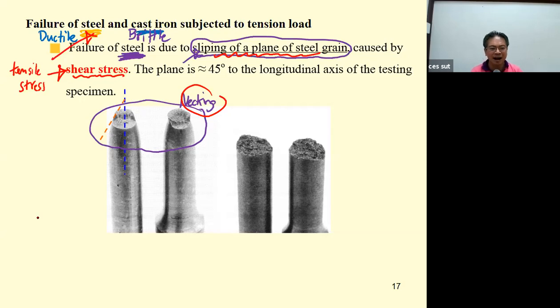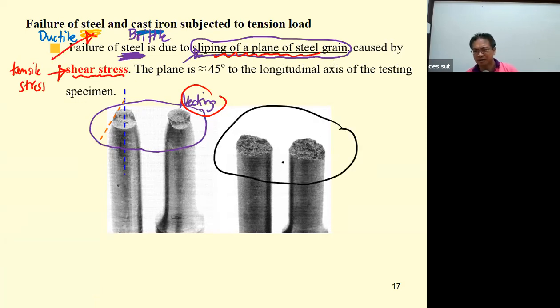Unlike the cast iron, the cast iron is a material that has a higher carbon percentage. When there is carbon inside the material, there is a micro crack between the steel and the carbon.